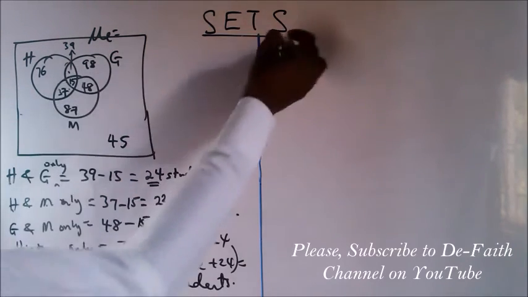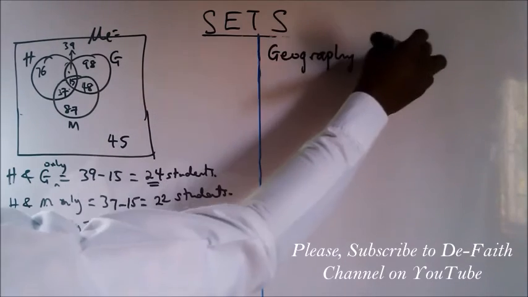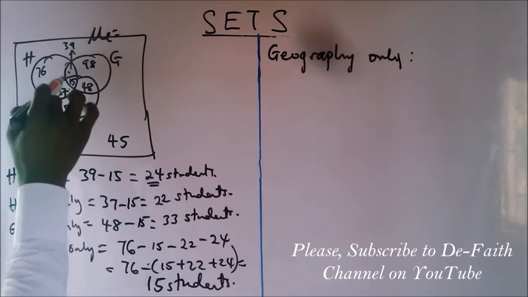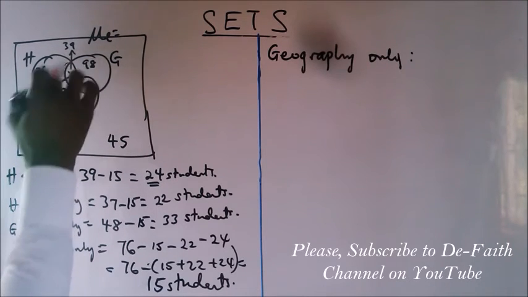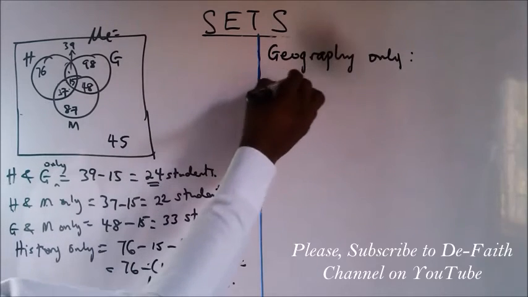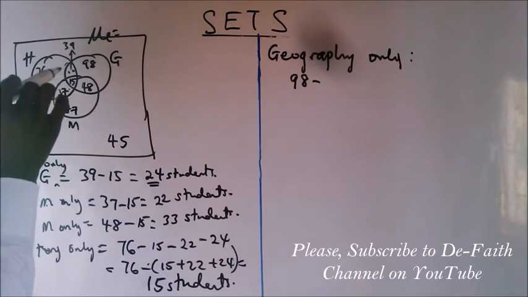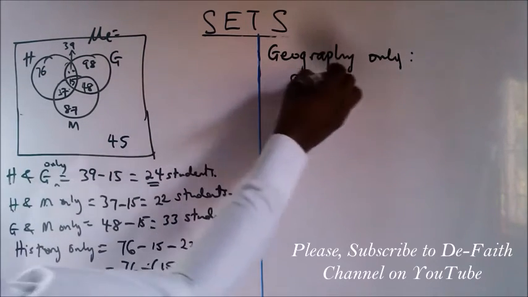Next, let's derive those that love geography only. For geography only, this is the entire student that love geography. That is 98. 98 love geography entirely. So we have 98 minus what we have in here, that is history and geography only, which is 24.